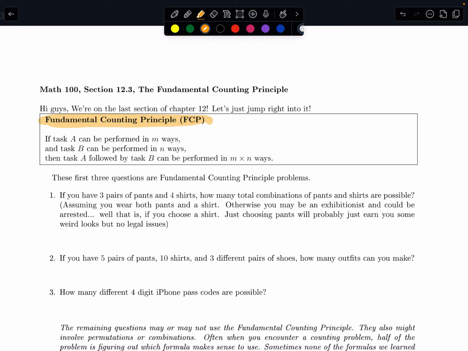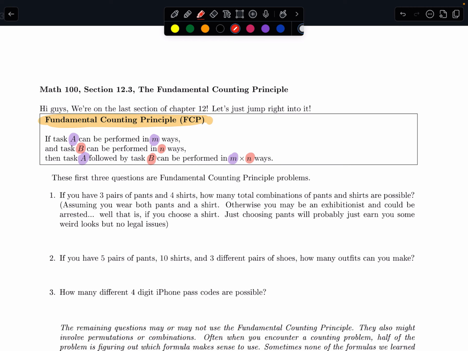And it says simply, if you have a task A that can be performed in m ways, and task B that can be performed in n ways, then task A followed by task B can be performed in, and you probably guessed this, m times n ways.